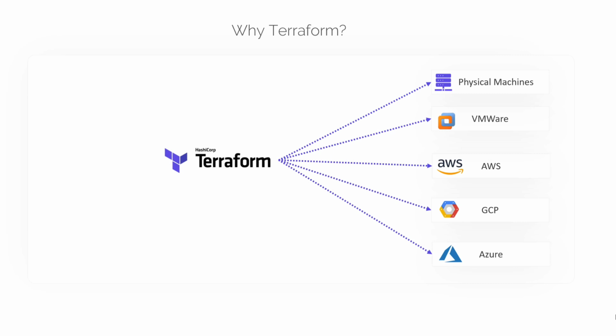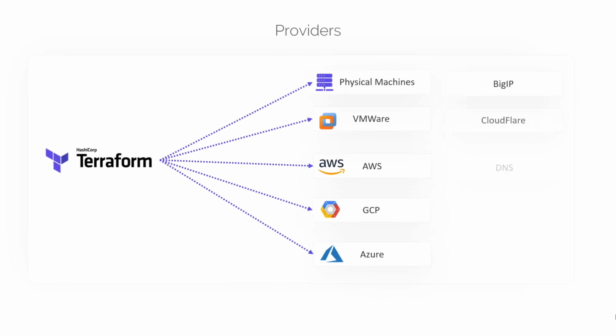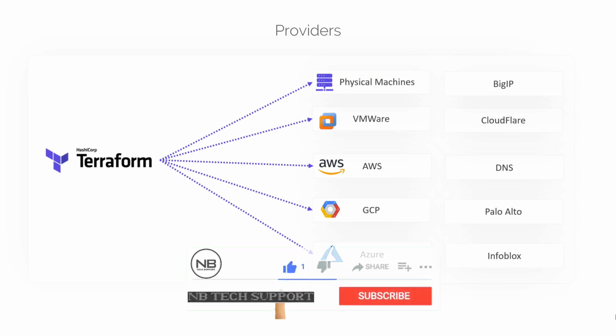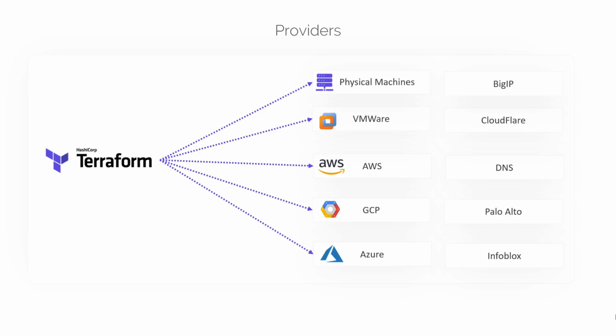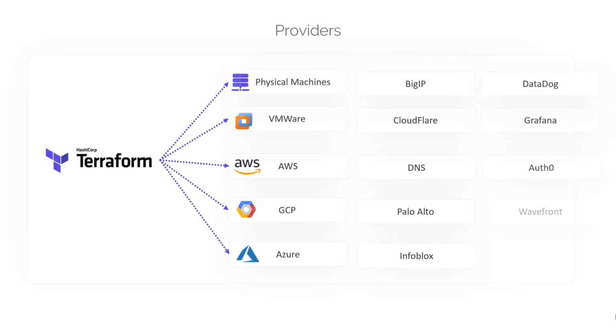So, how does Terraform manage infrastructure on so many different kinds of platforms? This is achieved through providers. A provider helps Terraform manage third-party platforms through their API. Providers enable Terraform to manage cloud platforms like AWS, GCP, or Azure, as we have just seen, as well as network infrastructure like BigIP, Cloudflare, DNS, Palo Alto Networks, and Infoblox, as well as monitoring and data management tools like Datadog, Grafana, Auth0, Wavefront, and Sumo Logic.